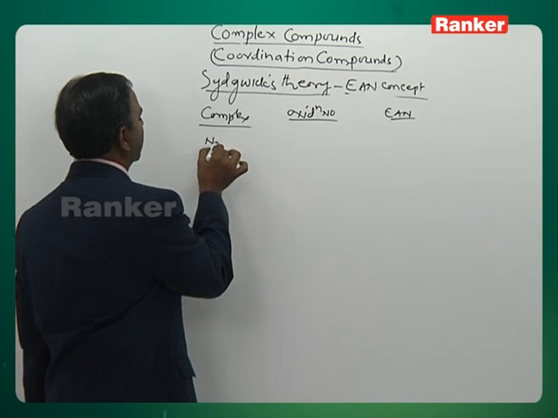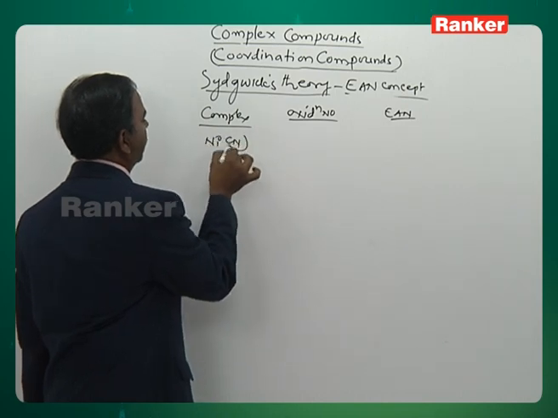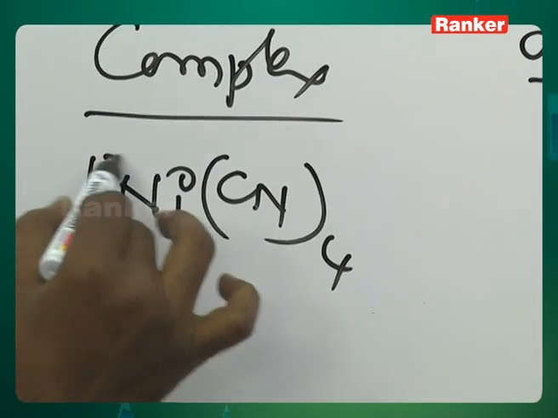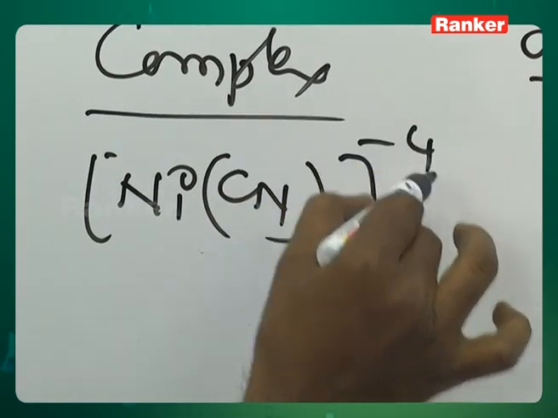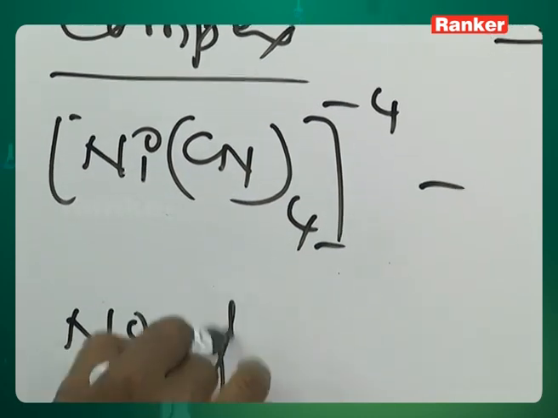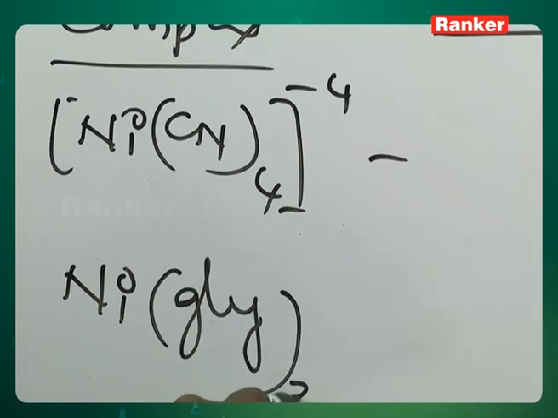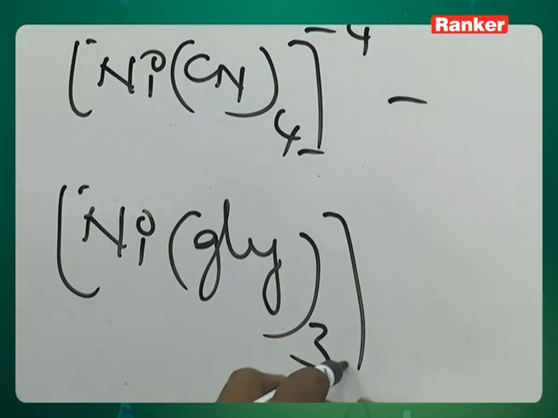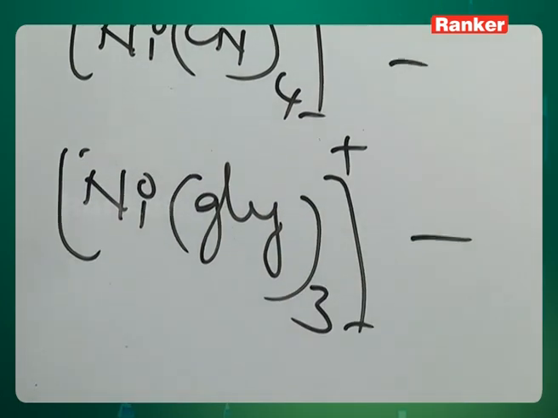Next complex, Ni(CN) taken 4 times, minus 4. Let me take a nickel glycinate taken thrice, plus 1.